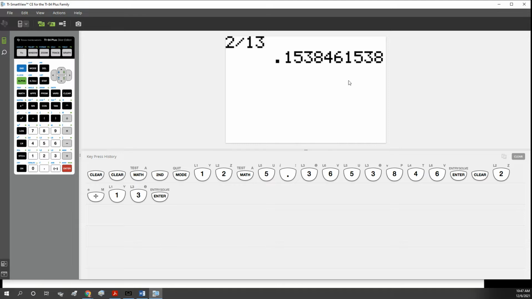Okay, so that is in my calculator, so I'm gonna use it in just a second.